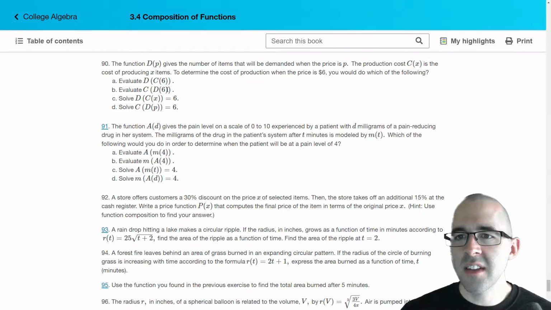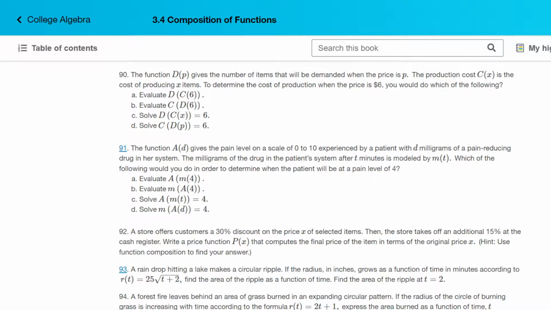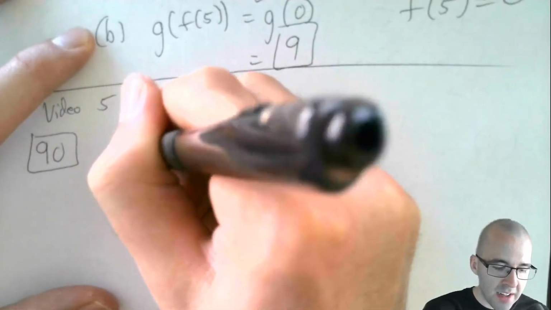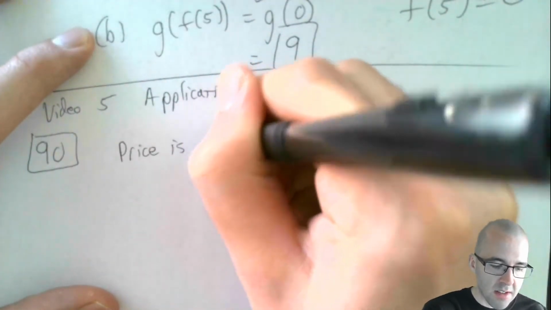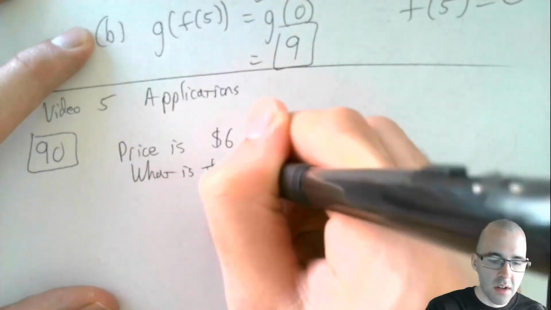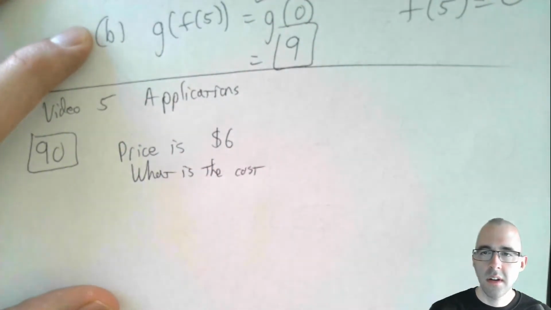So even before we've got this, let's talk about this. We want to find the cost and we have a price. So we know the price, $6, and the question is, what is the cost? So let's go back.